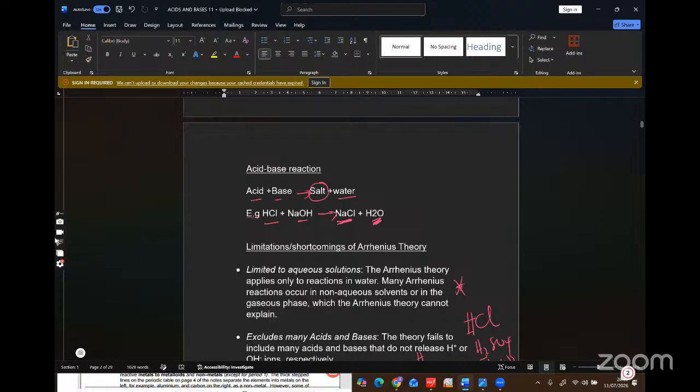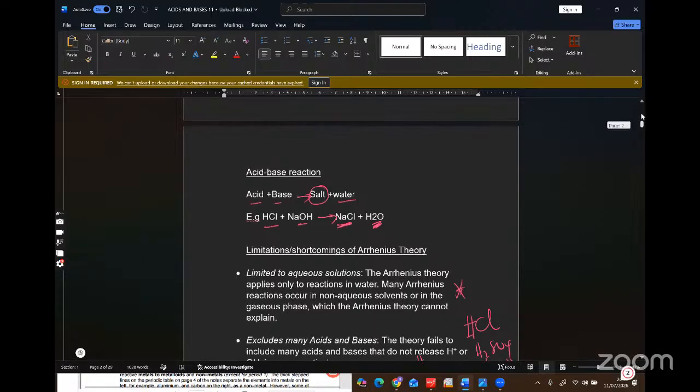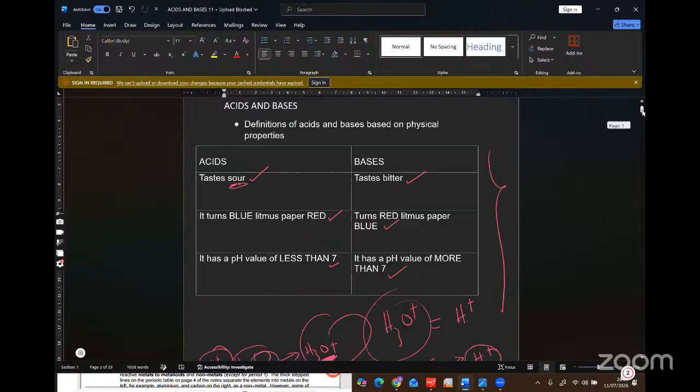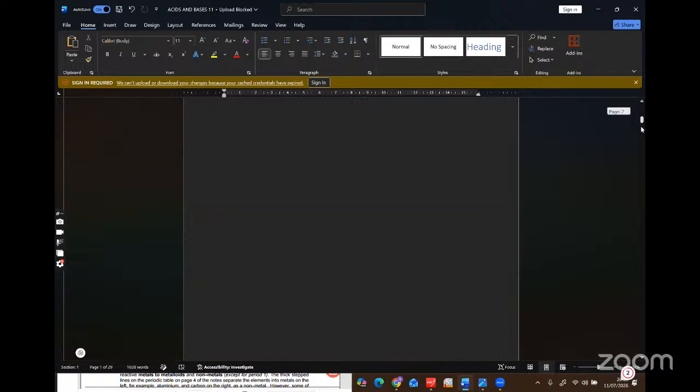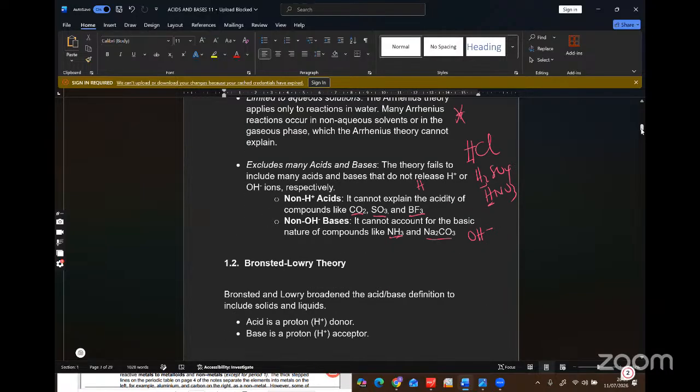It means that if you have sodium carbonate, it turns red litmus paper blue, so it is a base. However, it doesn't have OH attached to it. If you look at this, there is no OH here. This is sodium carbonate. There is no OH attached to it. So his definition was limited.